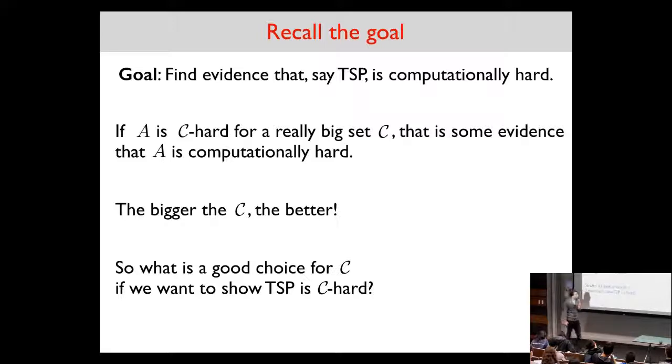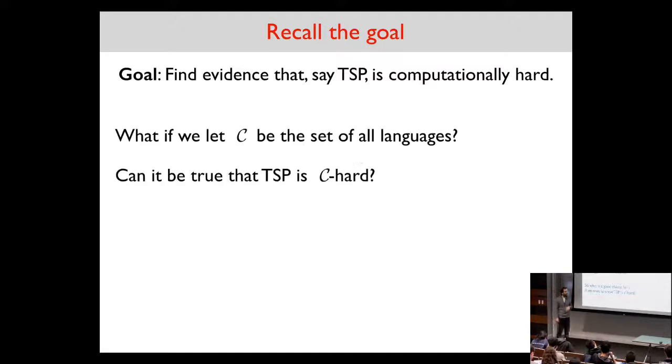Okay, so we want to know what's a good choice for C if we want to show TSP is C-hard. Our first attempt is going to be that C is the set of all languages. So can it be true that TSP is C-hard? No, right? Why can it not be true?